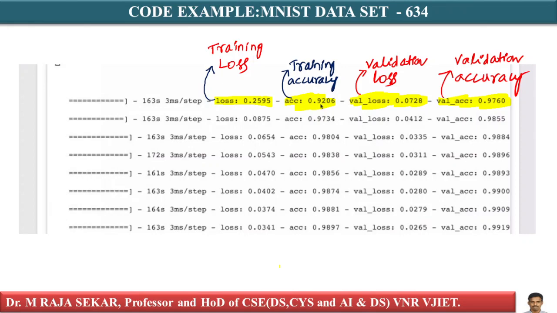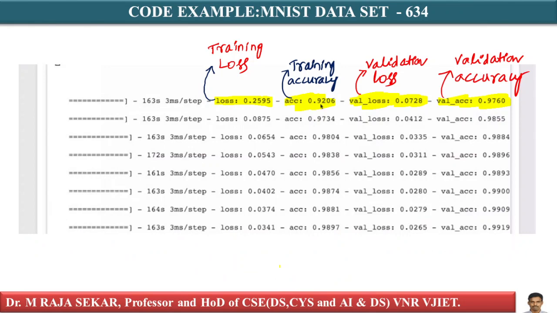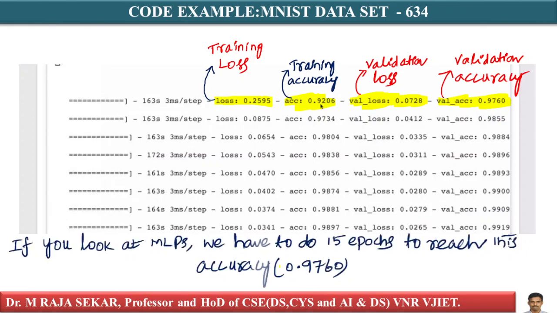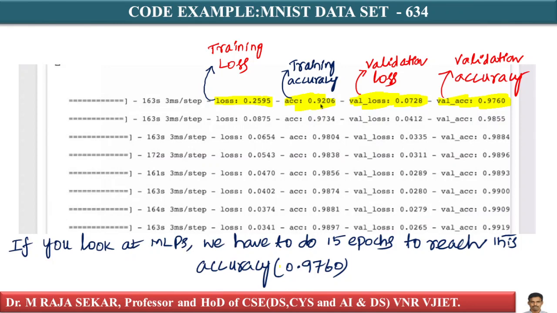Just look at how fast it is converging from one epoch to the other. Even after just finishing the first epoch, I am getting 97.6 accuracy on the test data. This is the power of convolutional neural networks. With multi-layer perceptrons, we had to do 15 epochs to reach accuracy numbers like this.